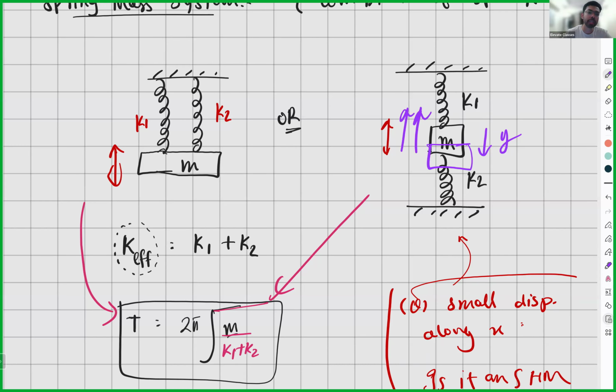Okay, and vice versa. Like if you give a positive displacement, then both the forces will be downward. So this basically, इससे क्या हो जाता है? Force becomes equal to minus kx, no sorry, minus k1 into y minus k2 into y. So k1 plus k2 basically, right? So that is why the same expression comes.